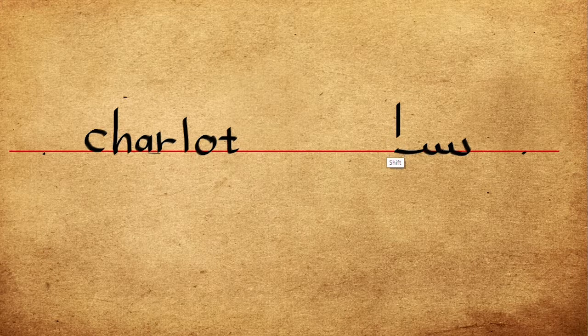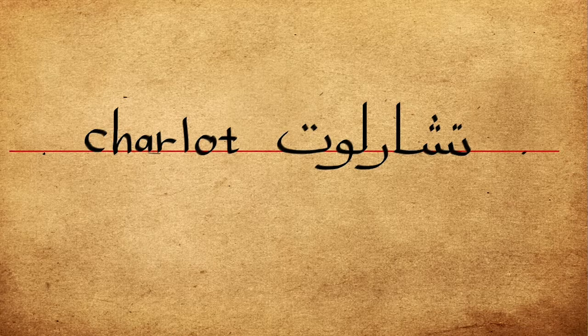The next one is Charlotte. This is Charlotte. Ta, sheen, alif, ra, lam, waw, and ta. Charlotte.